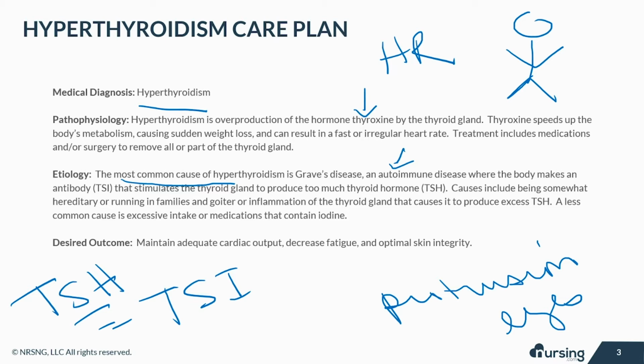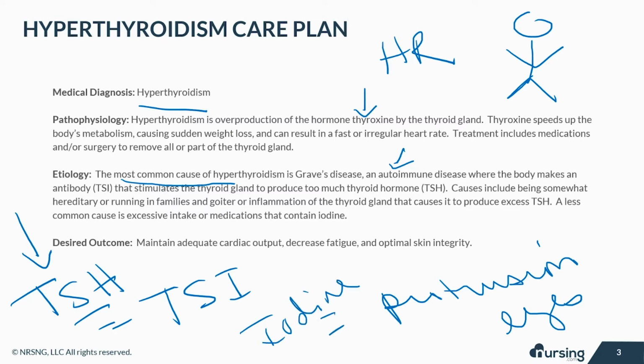Causes include being somewhat hereditary or running in families, but also a goiter or inflammation of the thyroid gland that causes it to produce excess TSH. A less common cause is excessive intake or medications that contain iodine.